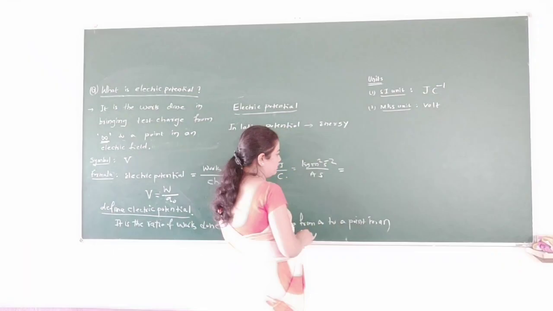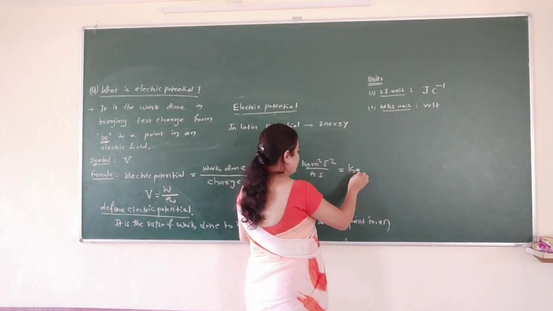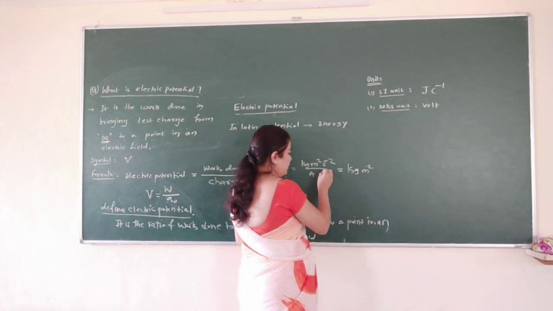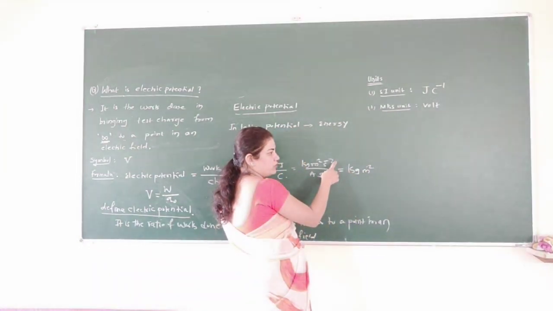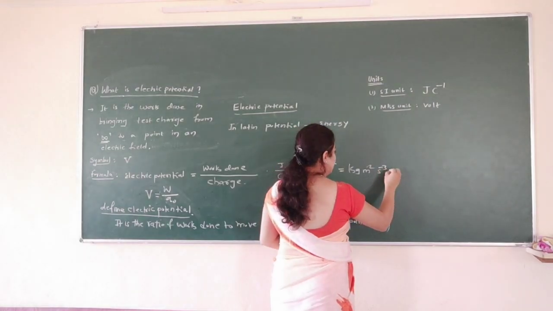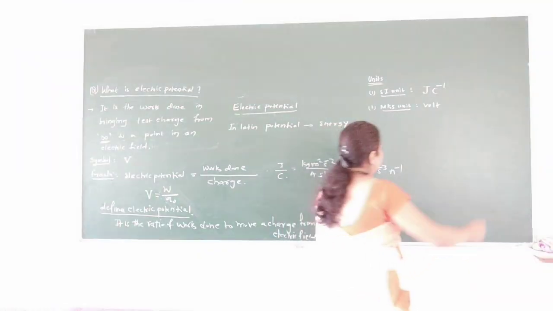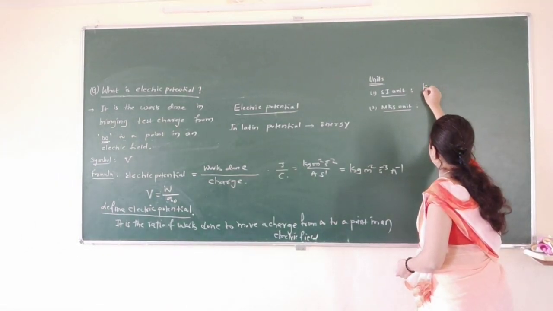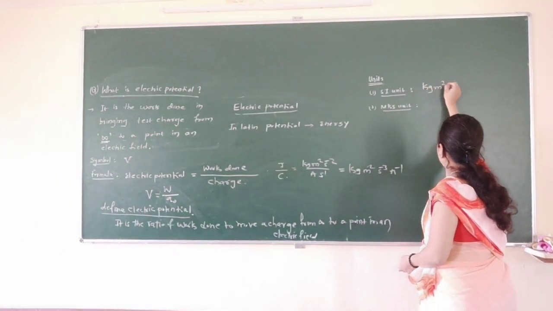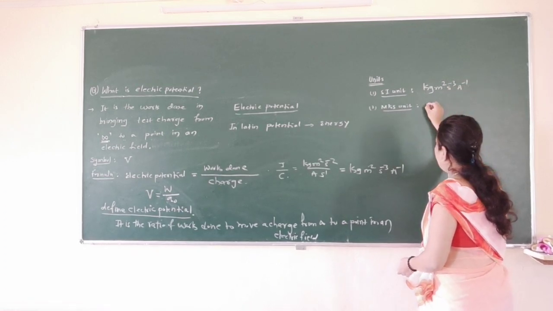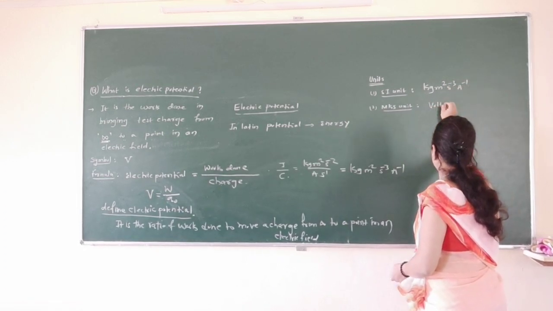So write it in one line: kg square meter. Here nothing means 1. When the ampere second goes from the denominator, the exponents become -1, then -1 -2 gives -3, and ampere is raised to -1. So purely we write the SI unit as kg square meter per cubic second per ampere, and the MKS unit is volt.